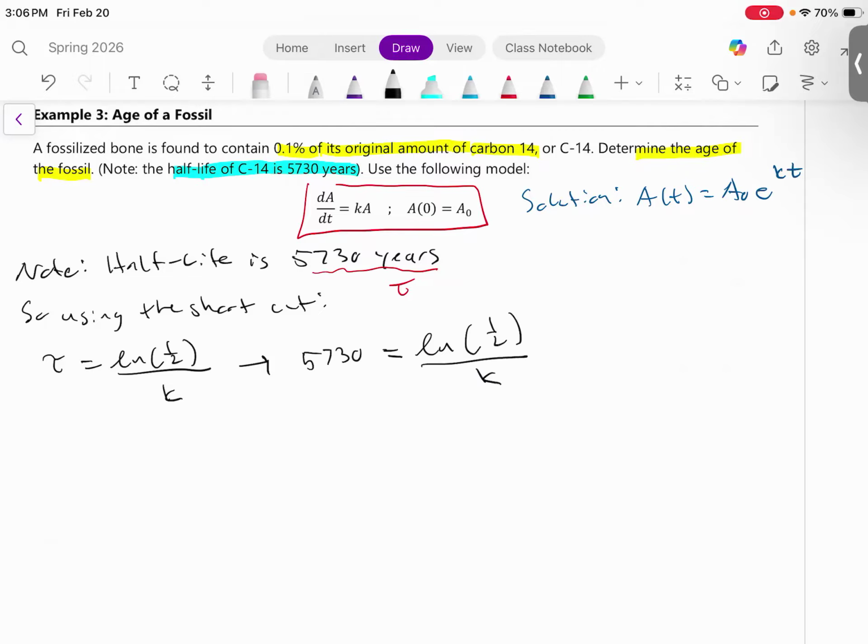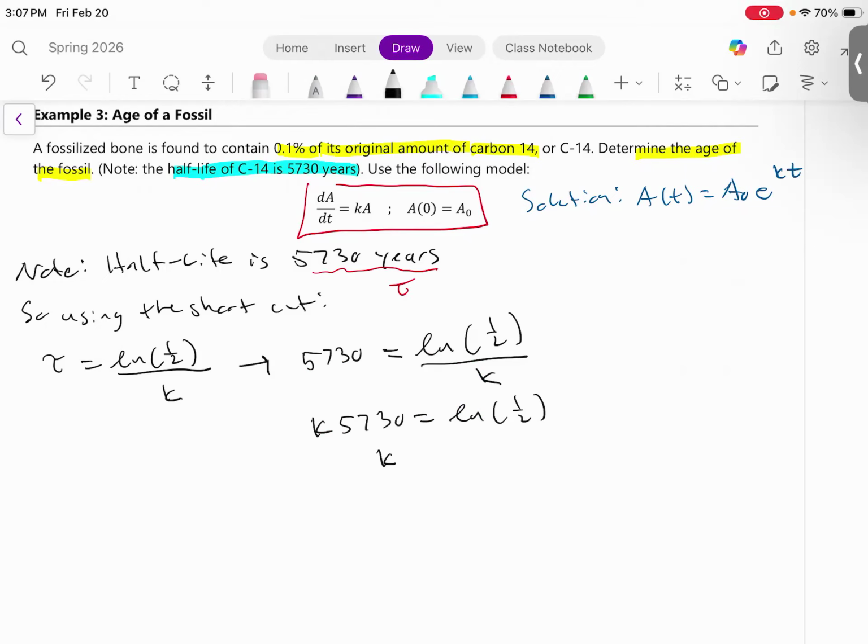Now we can just straight away find k. We can streamline the process. We multiply k to both sides, so this becomes k times 5,730 equals natural log of 1/2.